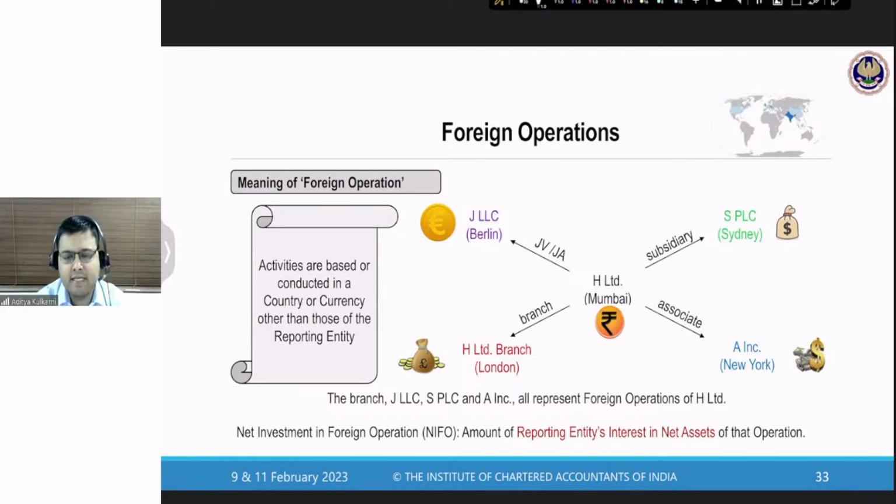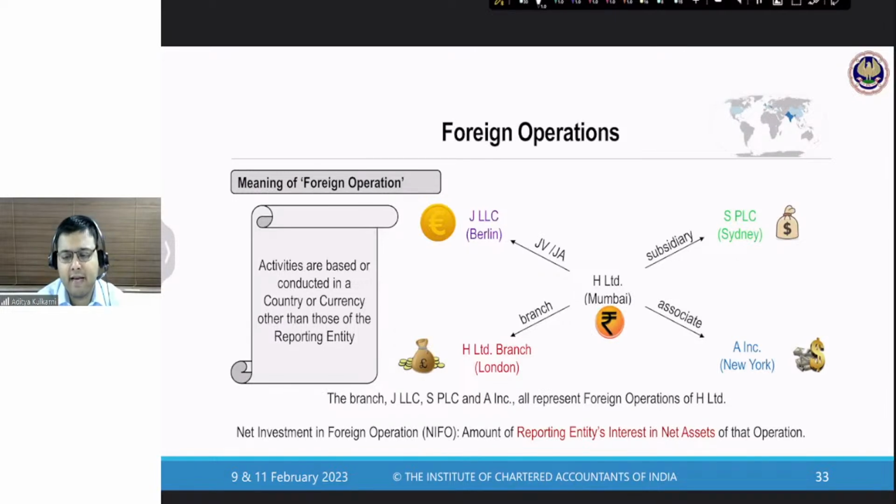It could also be having a subsidiary in Sydney, where the currency is Australian dollar. So you have a subsidiary SPLC, which is incorporated in Sydney. It could be having a joint venture or a joint arrangement in Berlin, Germany, named JLLC, where the currency could be, for example, euro.